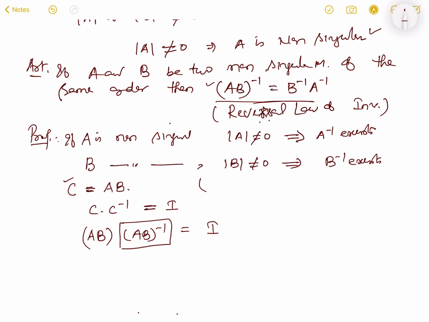We eliminate AB because AB is a matrix, so we can't divide. Listen carefully, we can't divide through AB.